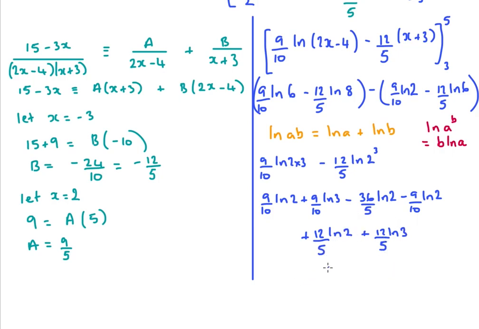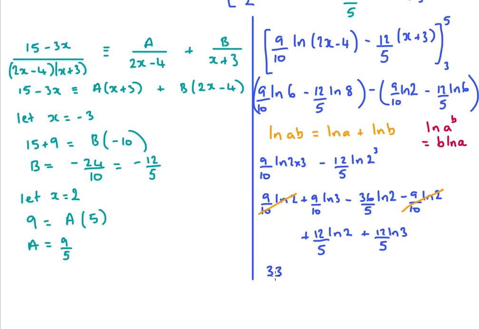So last job now is to collect up the 2s and the 3s. Let's have a look at what we've got. Does anything cancel? Yes. We've got a 9/10 natural log 2 and a negative 9/10 natural log 2. So that's good. And then we've got a 9/10 natural log 3 plus a 12/5 natural log 3. And 9/10 plus 12/5 is 33/10.